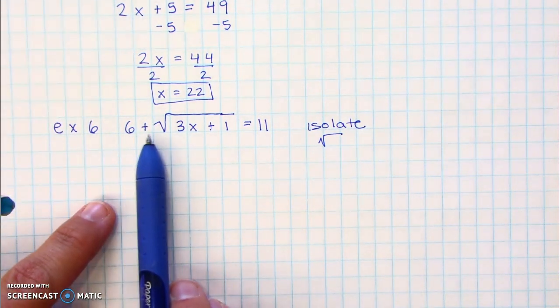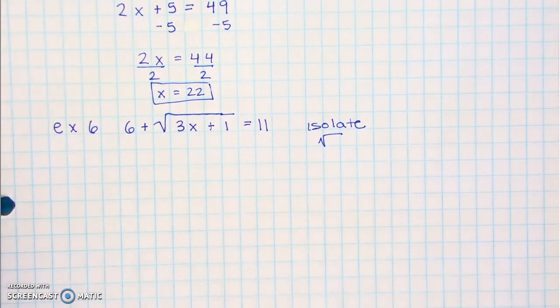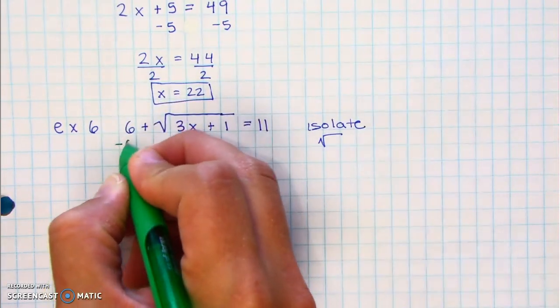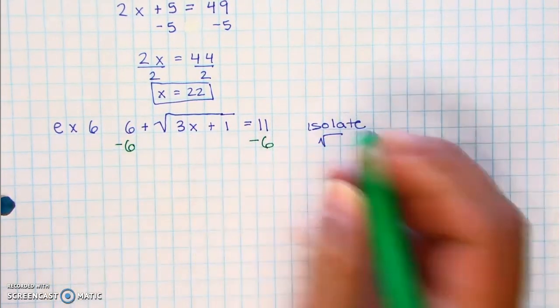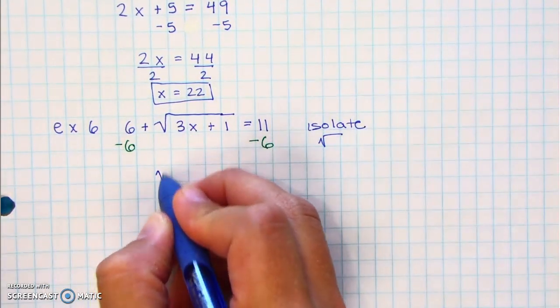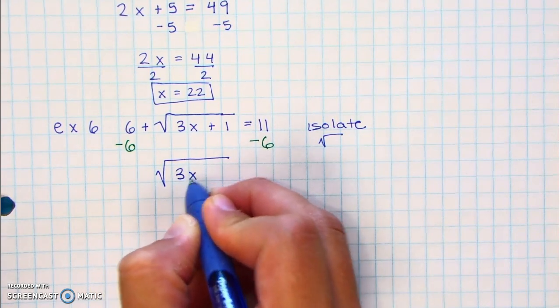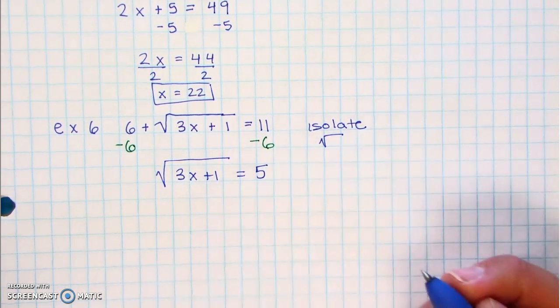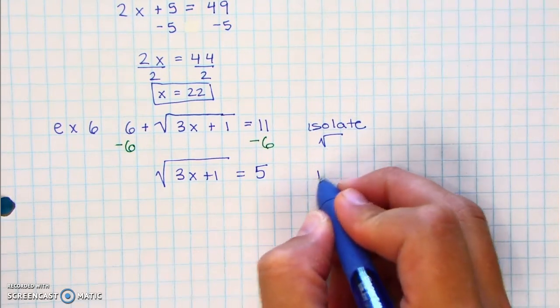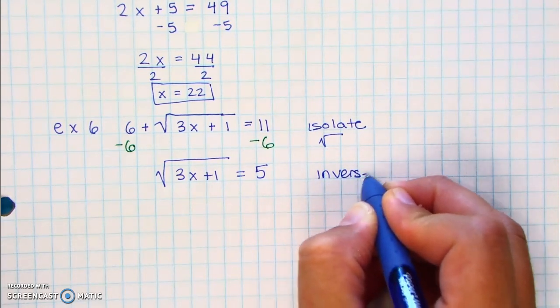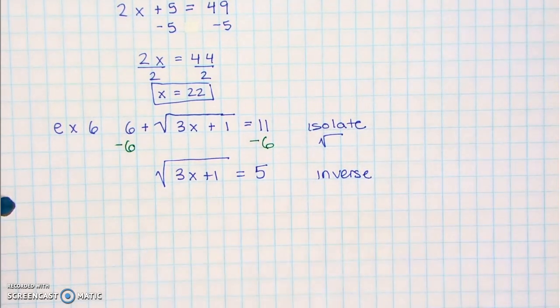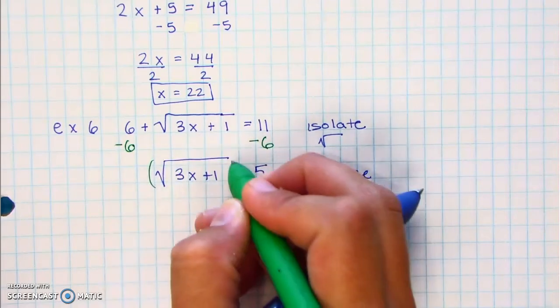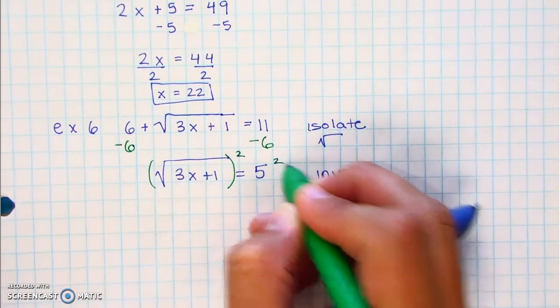But because it says 6 plus, we're not going to divide, we're going to subtract. So we have 3x plus 1 equals 11 minus 6, which is 5. And now inverse. What's the inverse of a square root? The inverse of a square root is a square.